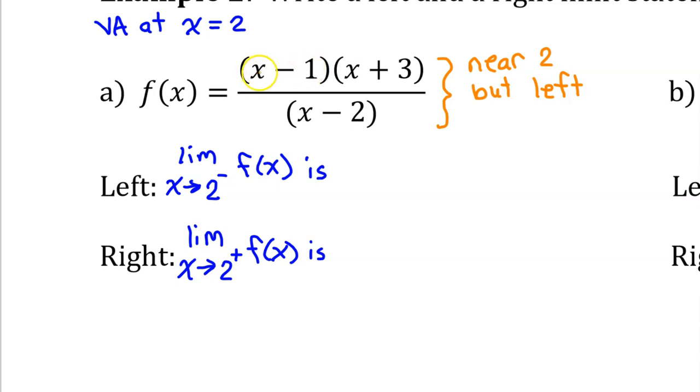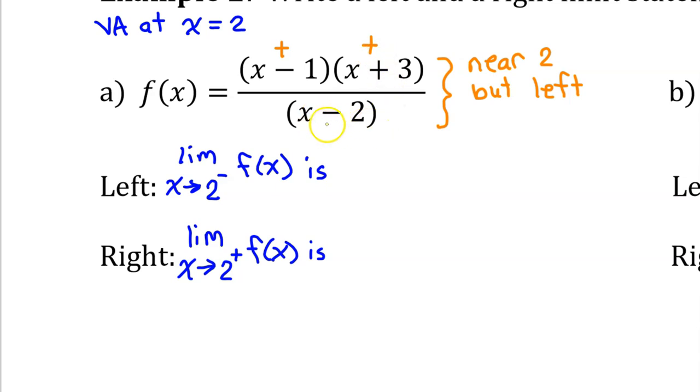So just plug in 2 right here, and that'll tell you the sign near 2. This would be 2 minus 1, which is positive 1. So near 2, this factor is positive. Near 2, this factor is also positive because 2 plus 3 is 5, positive 5.